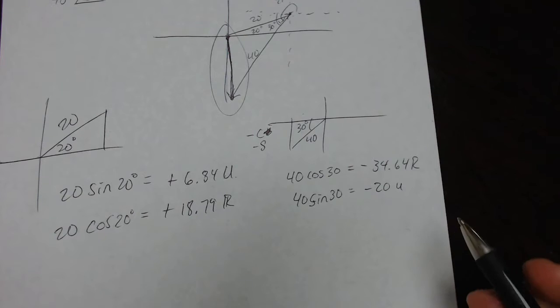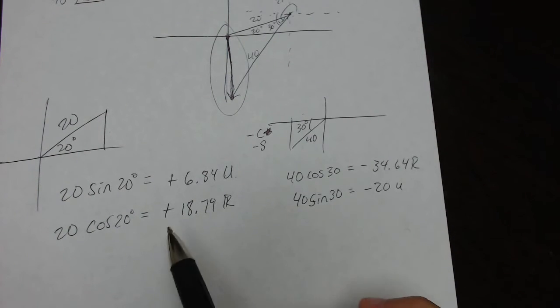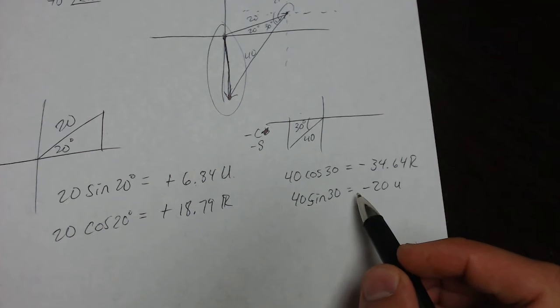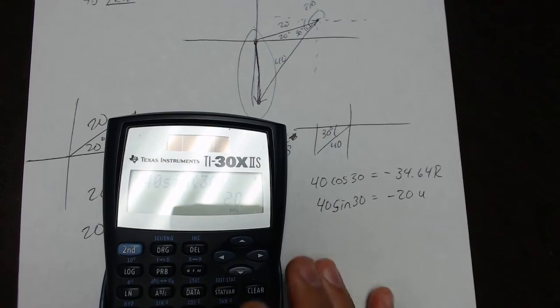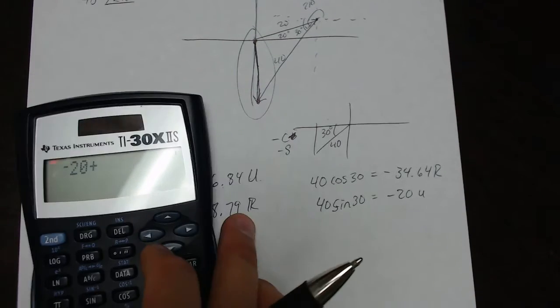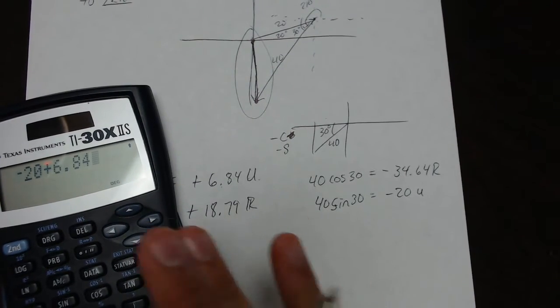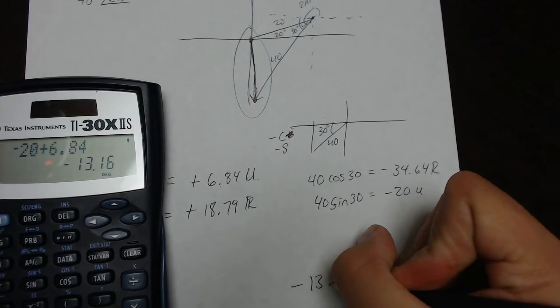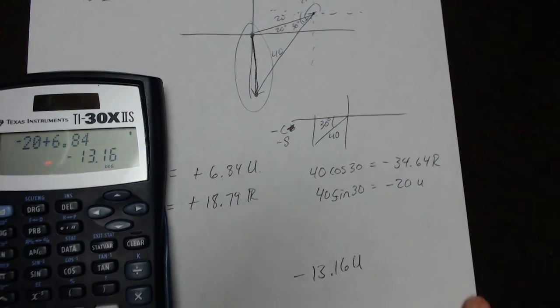Now, to find the resultant, or add these vectors, I'm just going to combine like terms. Here I see positive 6.84 is going to combine with negative 20, and I'll use my calculator for this. I'll type in negative 20 plus positive 6.84. That gives me negative 13.16 u.